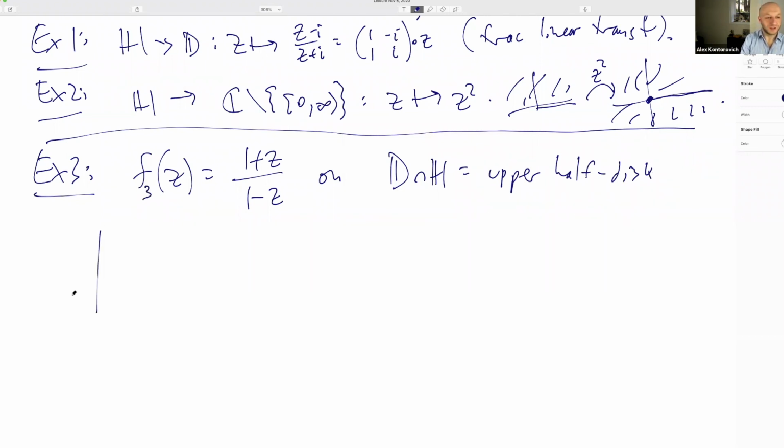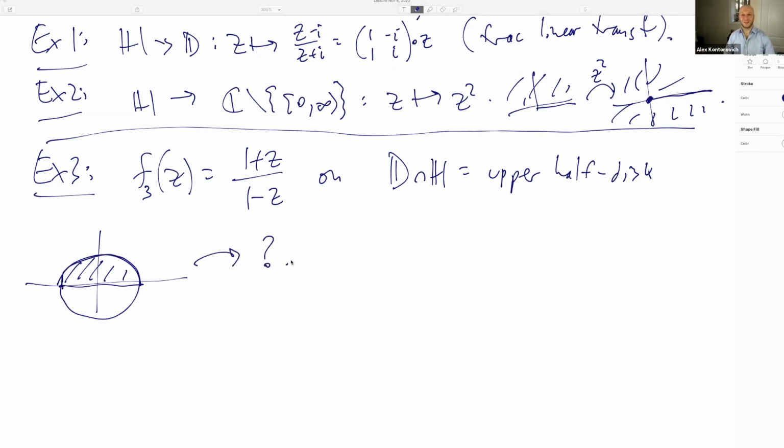Upper half disk, so I take the disk and the upper half plane, and here's the upper half disk. So what is the image? I don't expect you to know this off the top of your head at all. This is the kind of thing that I want you to be able to figure out. So this is the next bit of technology we're developing. We're developing the dexterity to be given a map, be given a domain, figure out what the range is on which it's bijective.